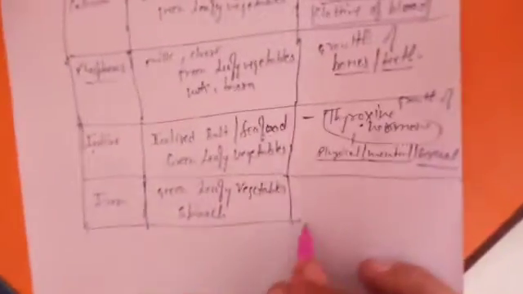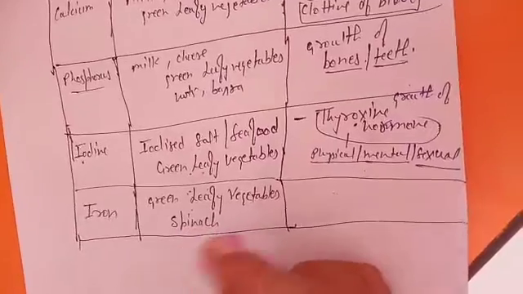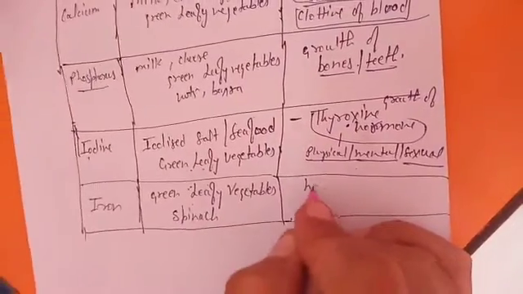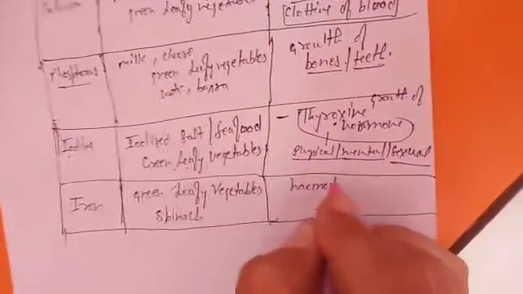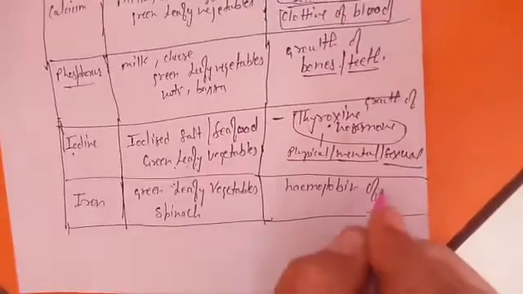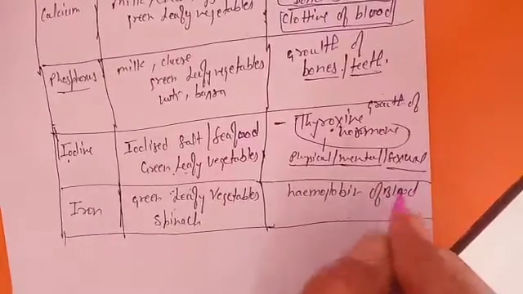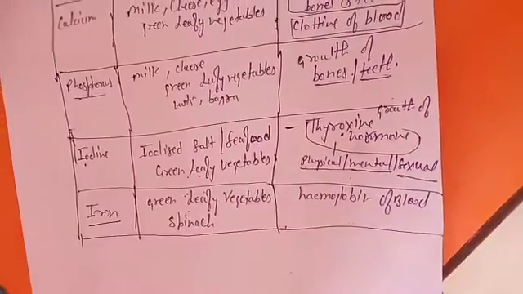You can learn an example for each. So you must eat green leafy vegetables. Now what does iron do? It maintains hemoglobin. Hemoglobin of blood is maintained by iron. That's why iron is an important mineral needed by the body.